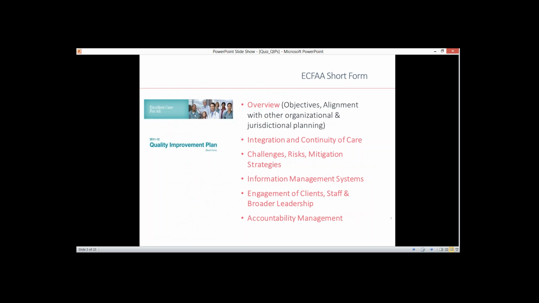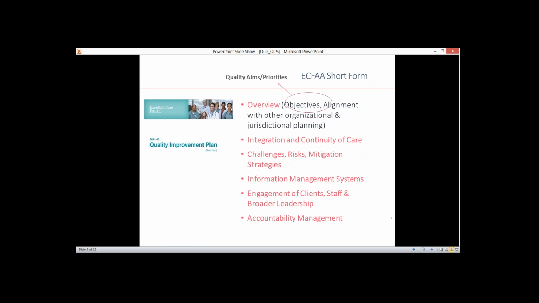So this is what the short form looks like, and it lists the components that are included within the short form. So the first part is the overview, and we have another webinar that is focused on quality aims and priorities, which are not included in the guidelines, but which are a critical foundation for a quality improvement plan.